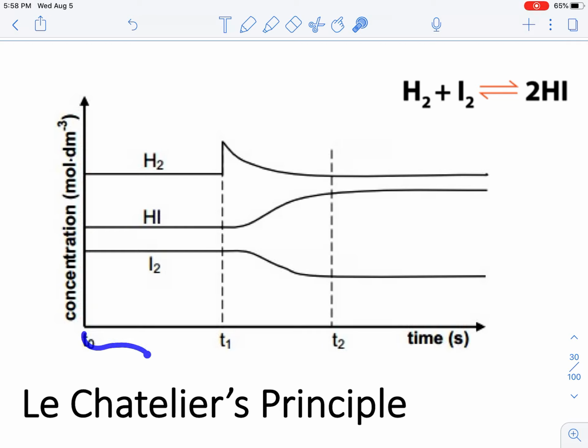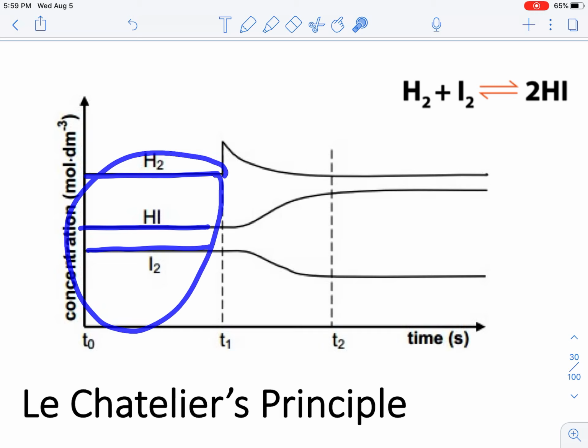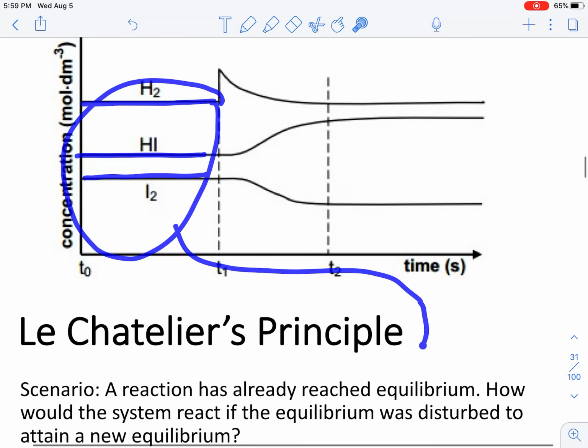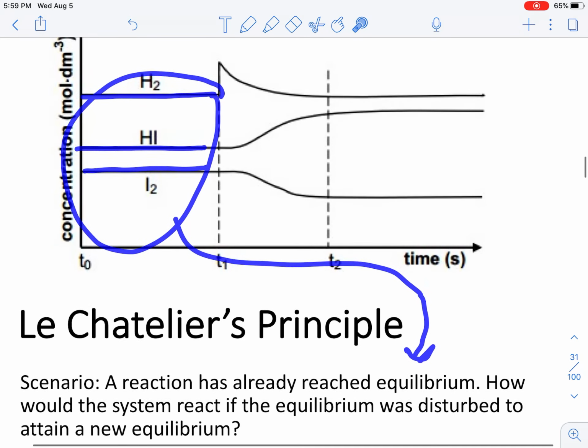If I draw your attention to this specific period of time, I want you to notice that the concentration of the reactants and the concentration of the product are constant.